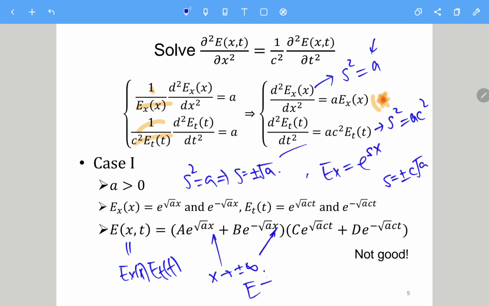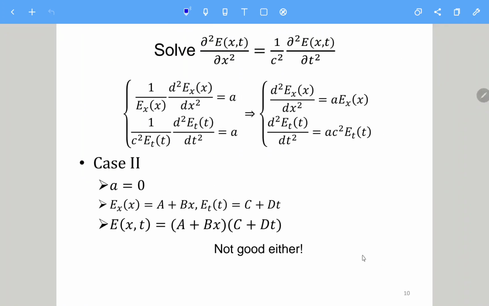E will diverge. This is not the case we are finding, because if you still remember, for the E field we need the power. If the E field is infinitely large, that means we need infinite power to generate this field, and this is what we are looking for. So this is not a good solution.